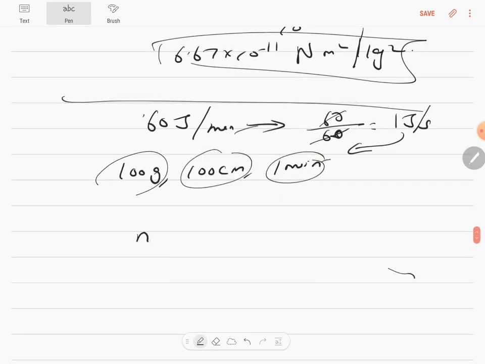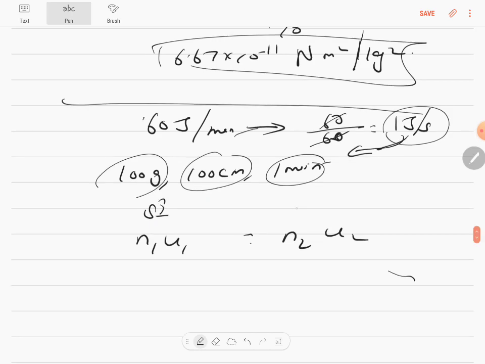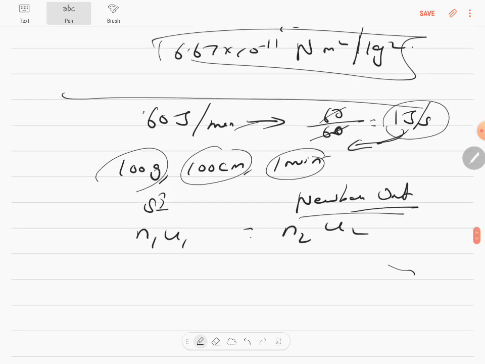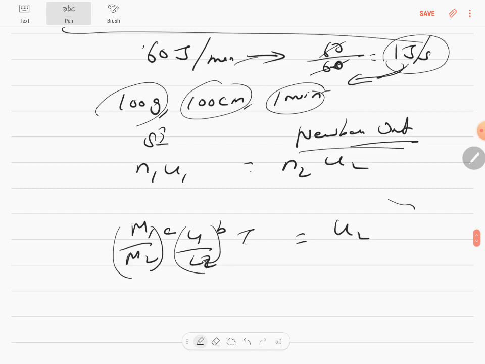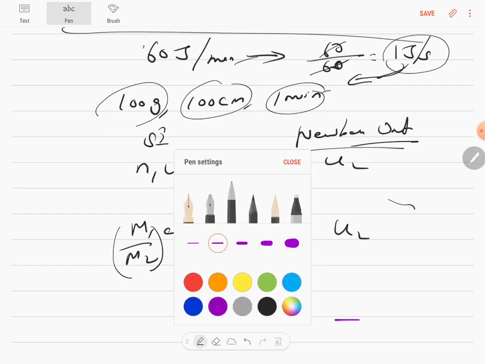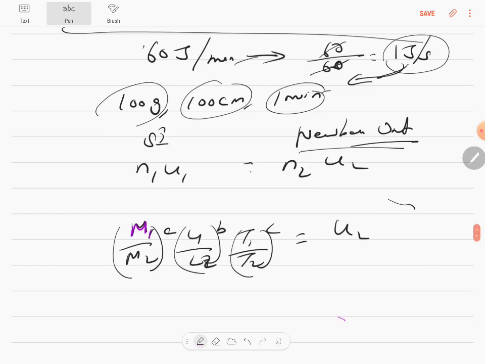Okay. So let's write N1 U1 is equal to N2 U2, where N1 U1 is the joule per second, which is the SI. Now we have converted it, and this is the new base unit, and I want the answer in terms of new base unit. So therefore I should write U2 is equal to M1 by M2 to the power A, L1 by L2 to the power B, T1 by T2 to the power C. And what is on the left side is all SI unit, which is M1, L1, T1.